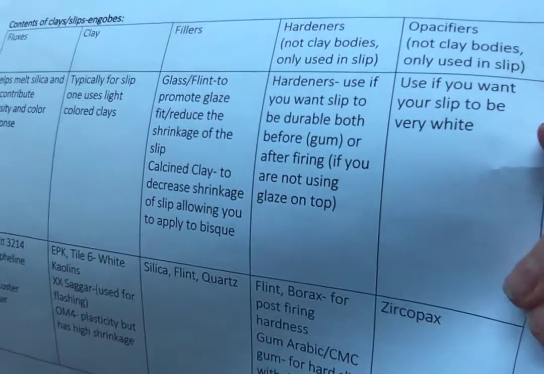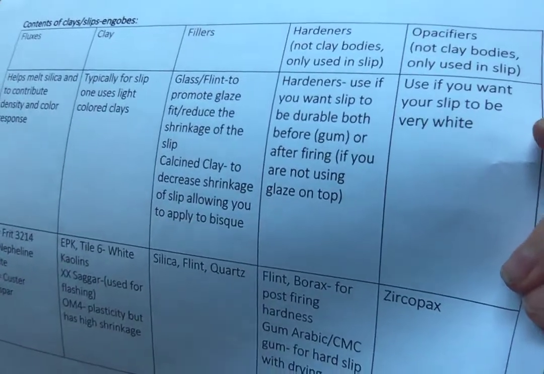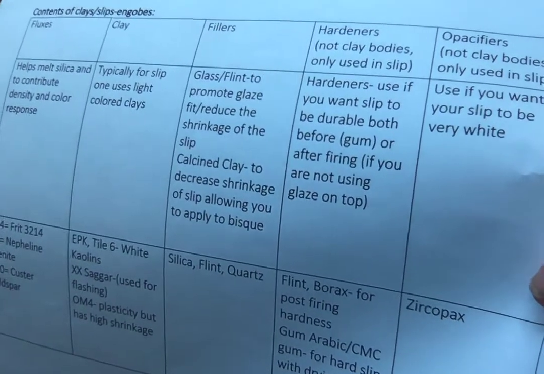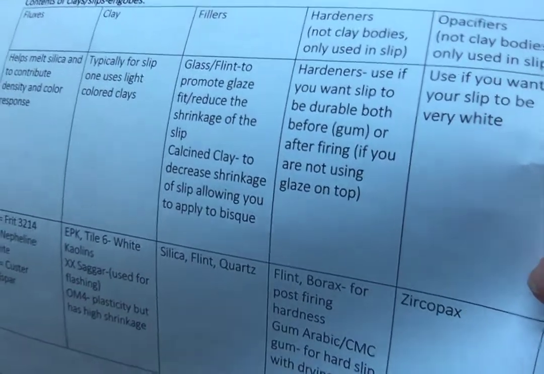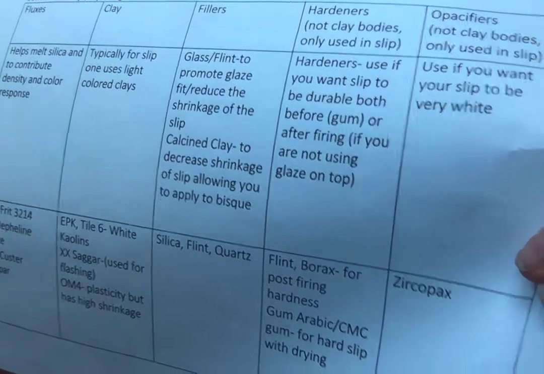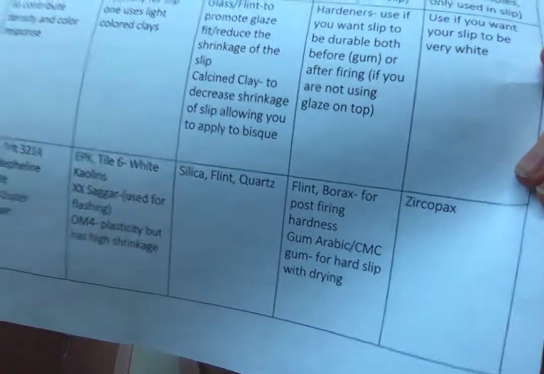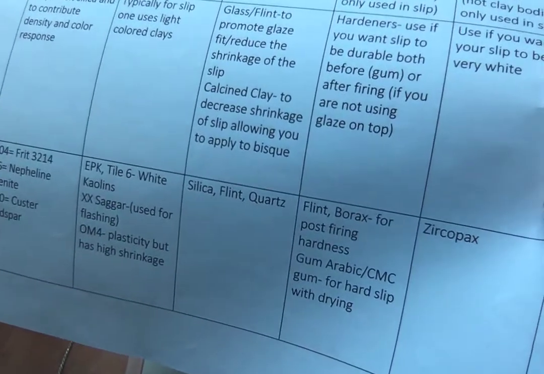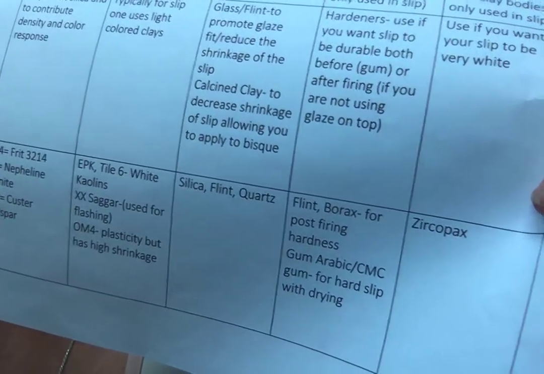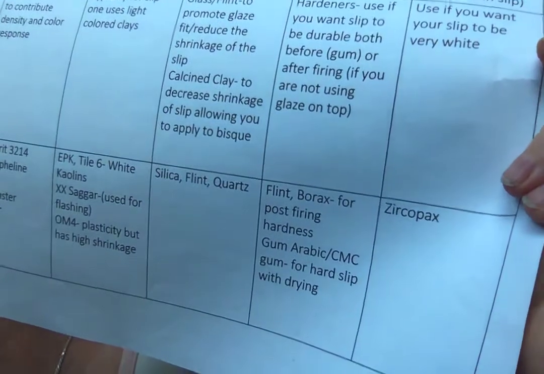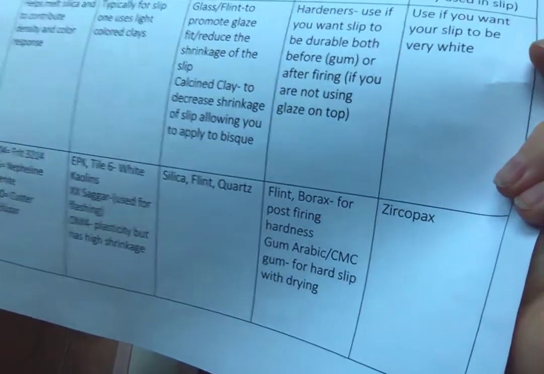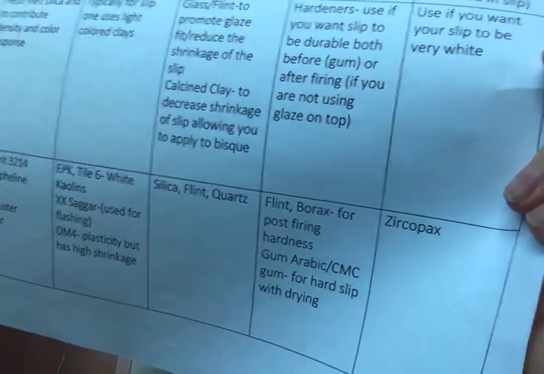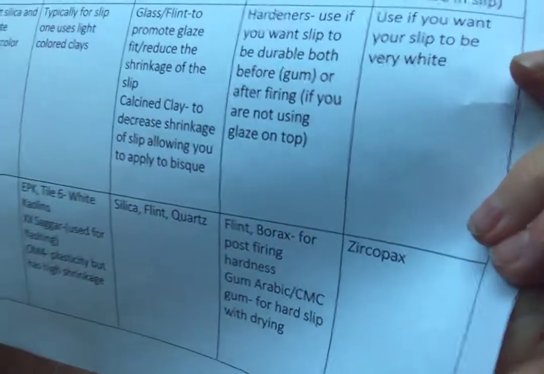Some of those ingredients that function as hardeners for post-firing hardness are flint and borax. For making your slip more durable in the application period, gum Arabic or CMC gum for hard slip is going to make it less dusty and prone to you touching it and then smearing your colored decoration.